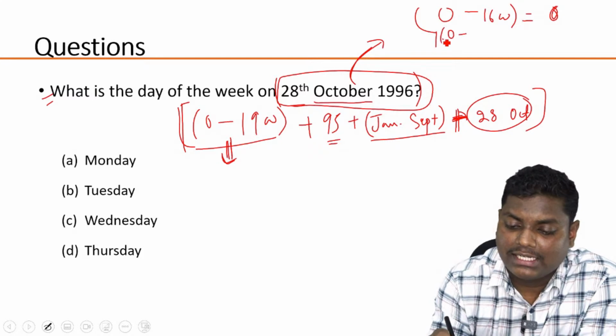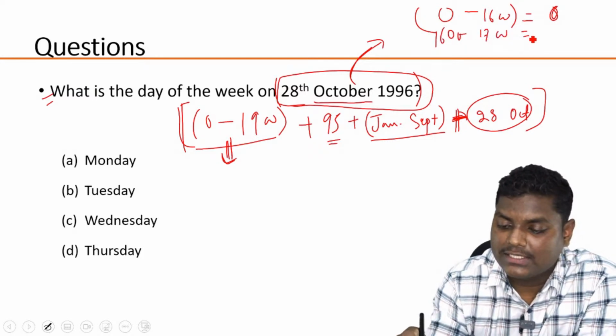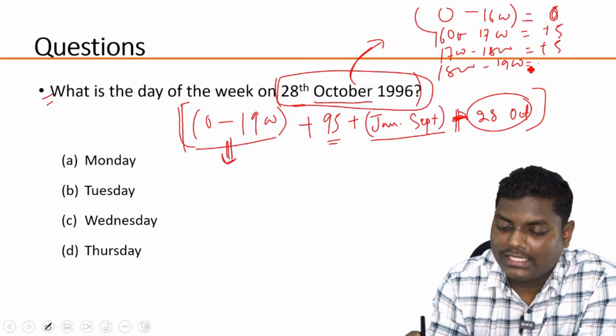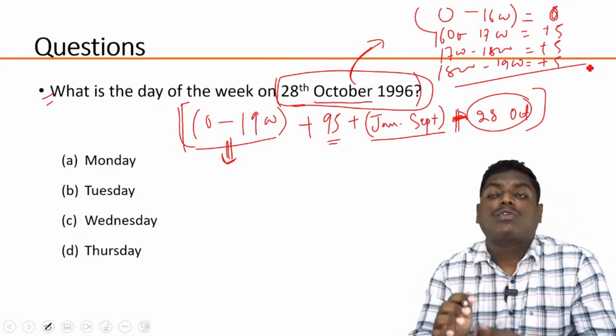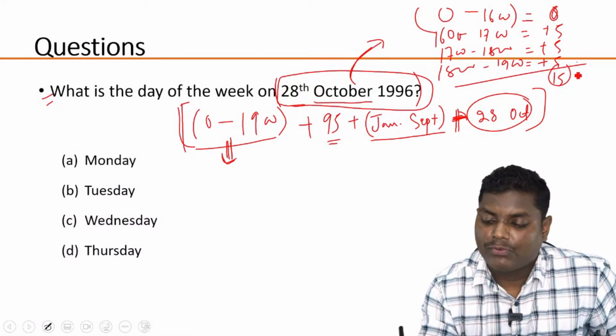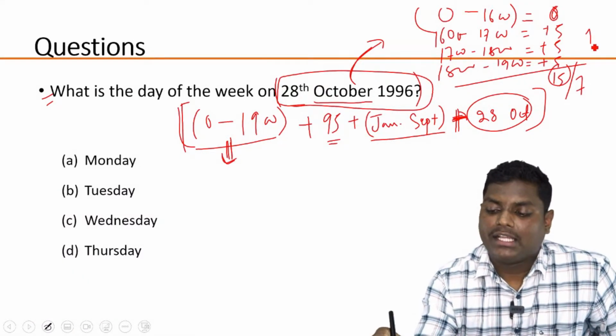So from 1600 to 1700, it is plus 5. Then from 1700 to 1800, again plus 5. Then 1800 to 1900, the number of odd days will again be plus 5. So from 0 to 1900, the total number of odd days will be 15. Now if you divide it by 7, the remainder will be 1.